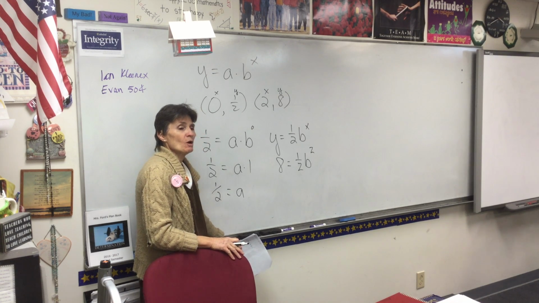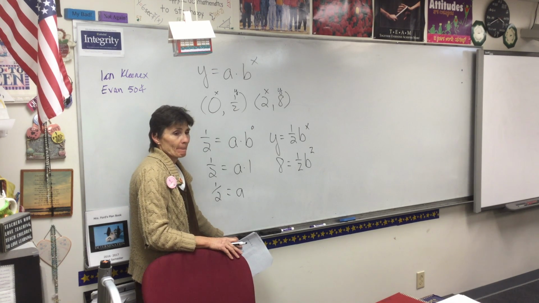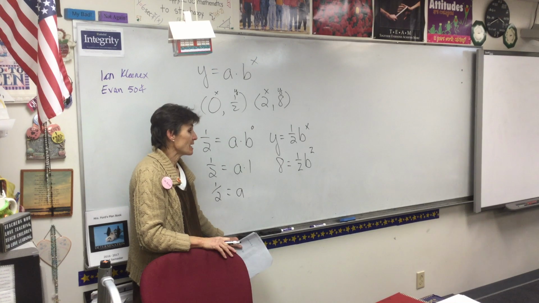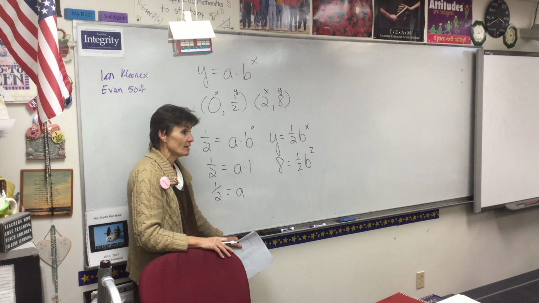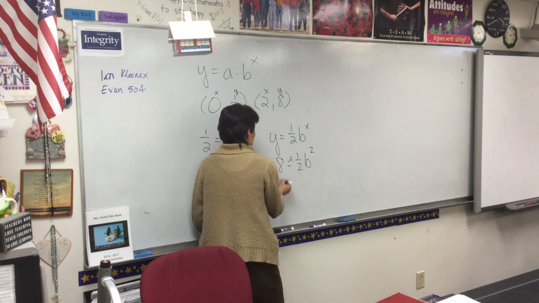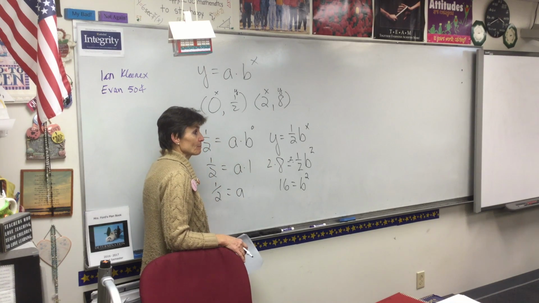All right. So now we're going to solve this. So what do we need to do to solve this? Divide the half. Well, we could divide by a half, which is the same as multiplying by 2. So we're going to multiply both sides by 2. So 16 equals b squared.